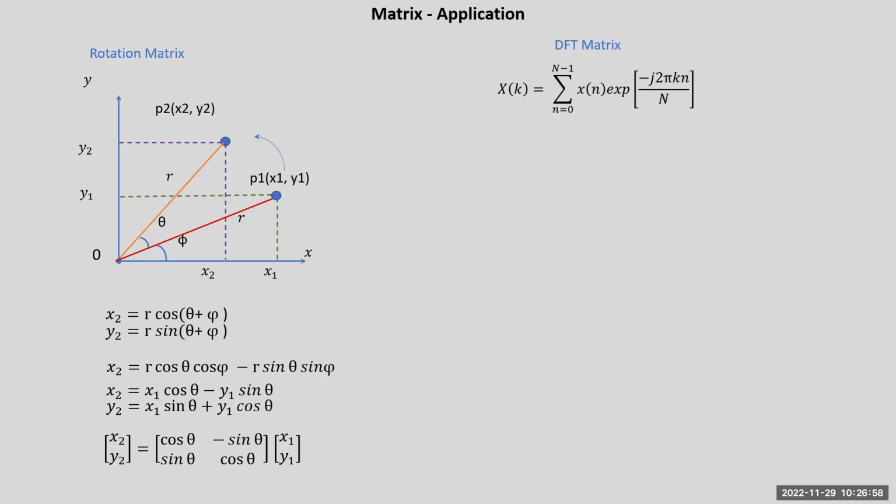Here x of n is a 1D vector, X of k is also a 1D vector, which is the frequency domain representation of x of n, and x of n is multiplied by a kernel function, which is a complex exponent function, which we already discussed in the exponent function lecture, where the argument is minus j 2 pi kn by N. So minus j 2 pi by N is a constant, and we can replace it by another symbol called w.